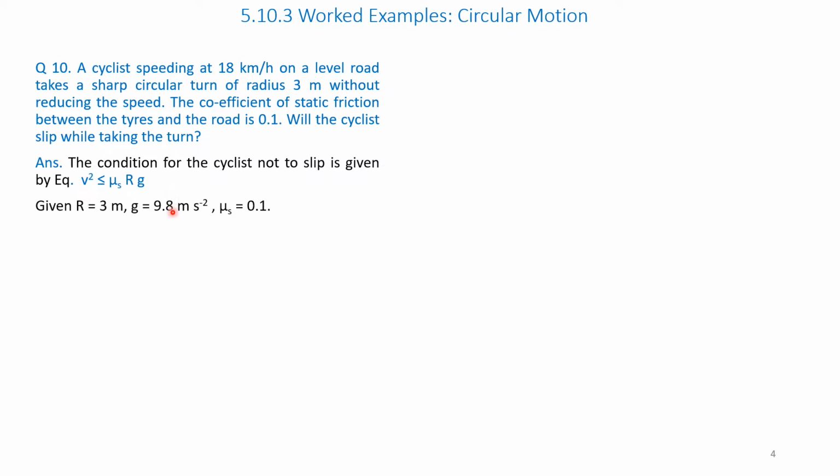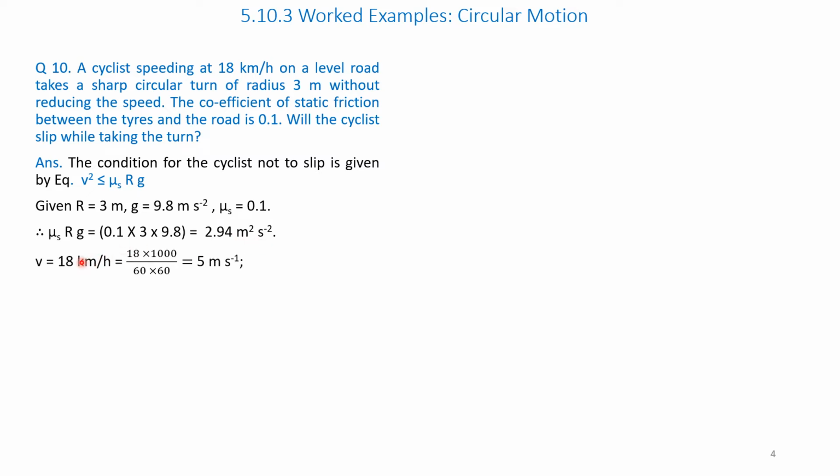It is given in the question that r is equal to 3 meters, g we have to assume 9.8 meters per second square, and the coefficient of static friction is 0.1. Therefore, substituting these values in mu s into r into g, we get the answer 2.94 meters square per second square.